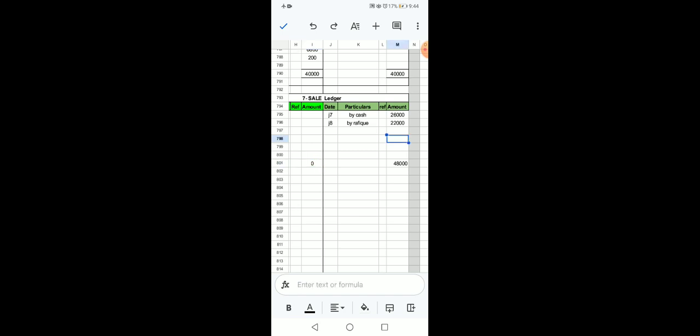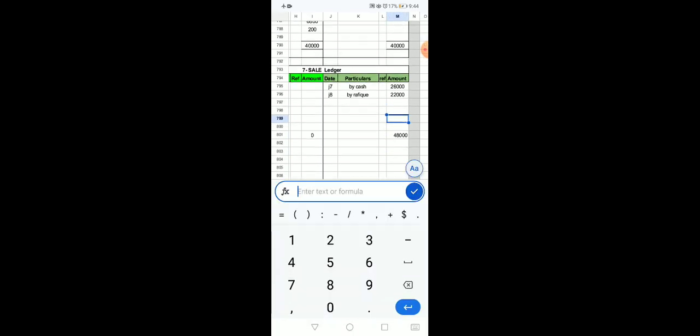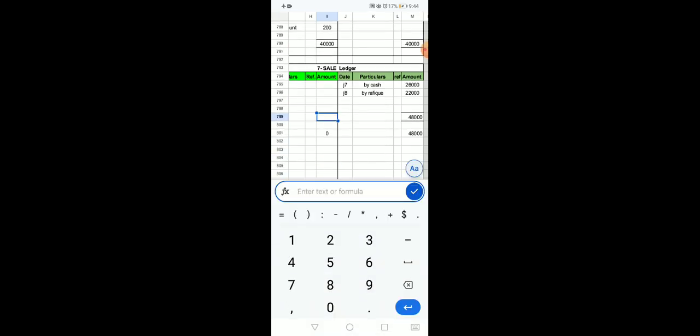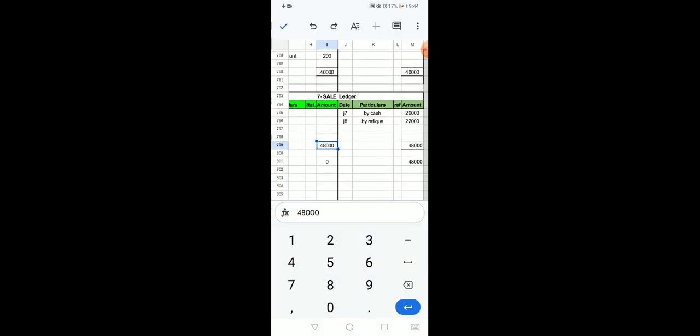So you are going to choose both sides to write the balance. First credit side, larger sum is 48,000, so you are going to put the same total on both sides. So here on credit side you have written 48,000 and on debit side you are also writing the same.